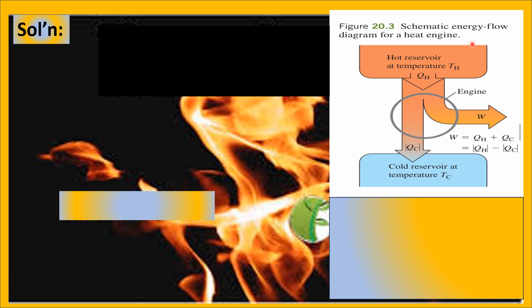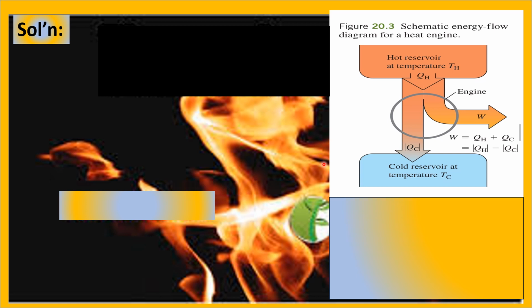Both T sub H and T sub C, when doing problems, especially when determining the efficiency of the heat engine, have to be expressed in Kelvin or absolute temperature.